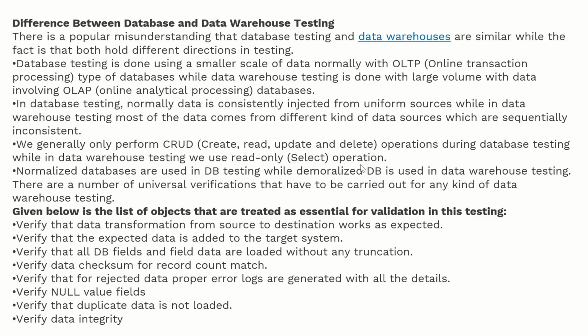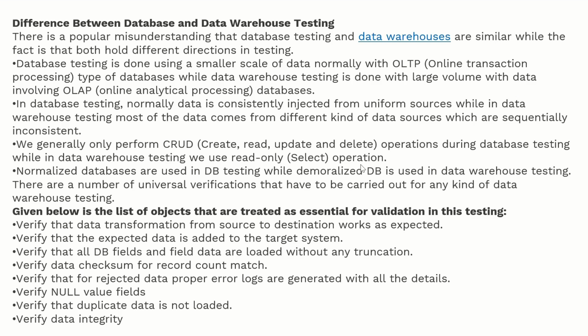There are a number of universal verifications that have to be carried out for any kind of data warehouse testing. So given below is the list of objectives that are treated as essential for validation in this testing. Verify that data transformation from source to destination works as expected. Verify that expected data is added to the target system.